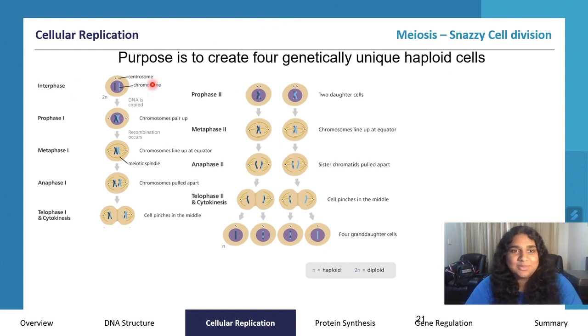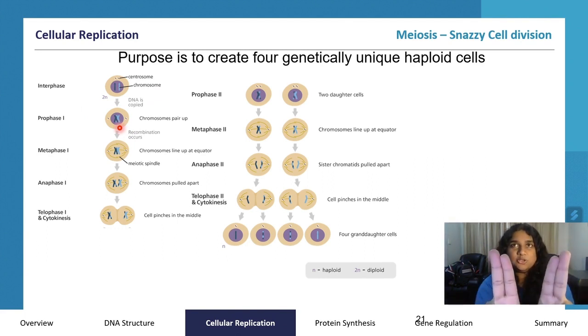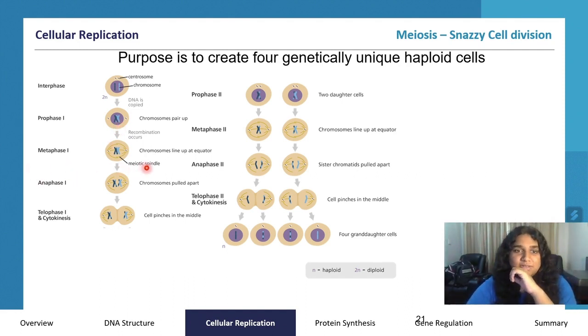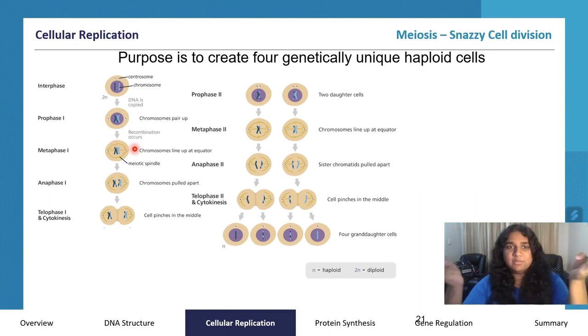So in interphase, we start off with the chromosomes and the DNA being copied. This is a 2N cell as well, so we've got two copies of the same chromosome. In prophase 1, these chromosomes will pair up, essentially. So you've still got two chromosomes, but they've doubled, so you've got four sister chromatids in total. Metaphase then starts to occur, so the spindle fibers from the centrosome start to anchor onto the chromosomes and line them up at the equator.